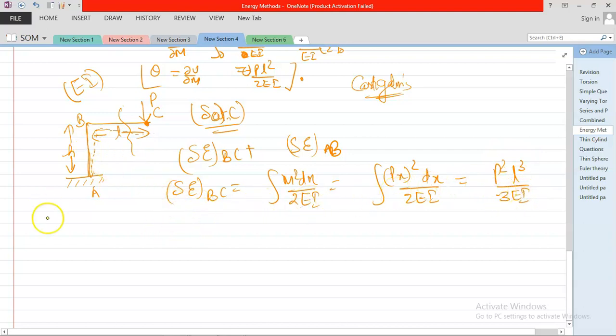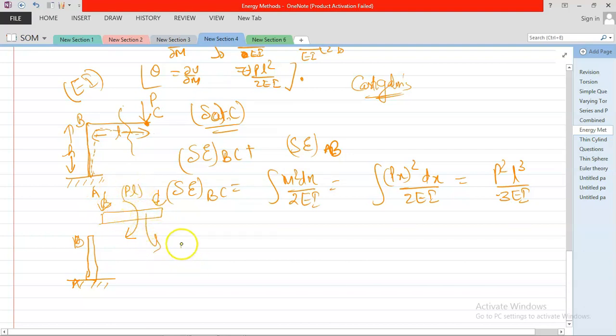Now for AB, let us see what load is acting on AB. So this is your AB and this is your BC. I separated them out to obtain the free body diagram. Now the P load is acting here. If I want to transfer this load to this point, I need to add a couple, that is P into L. How am I getting this?